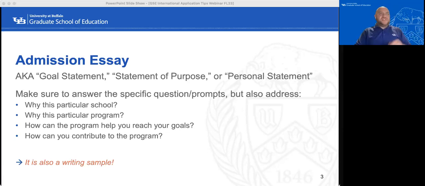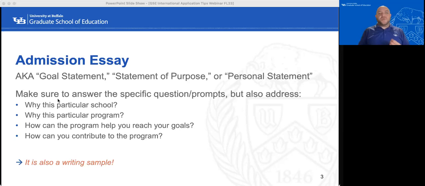I've put a link in the chat to our higher education PhD program for you to take a look at as an example. This is a doctoral program. You may be applying to a master's program, depending on what you're hoping to do, where they give a very specific prompt and an item they hope you will respond to. This is a really important part, not only to show that you've read the statement that they're hoping you will write, but also that you have strong writing skills.